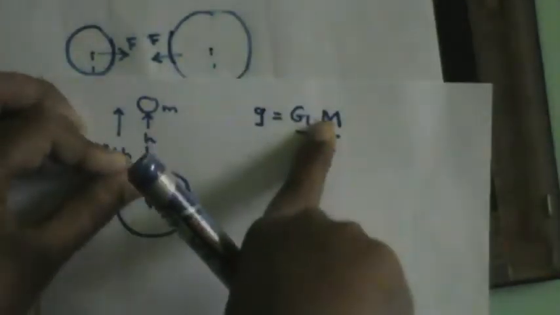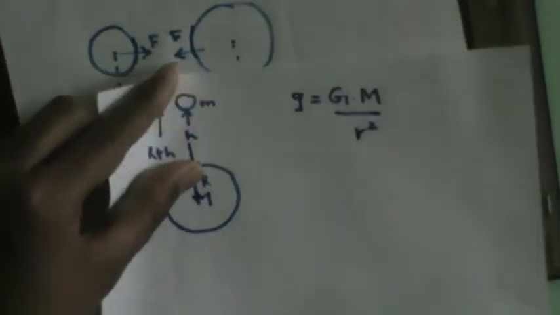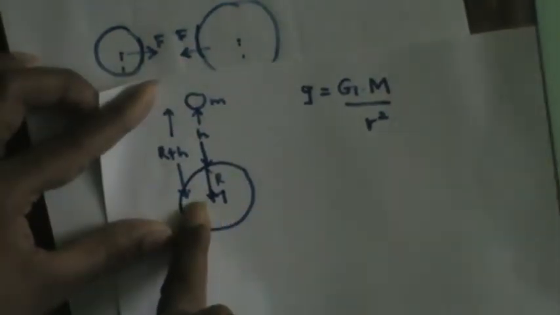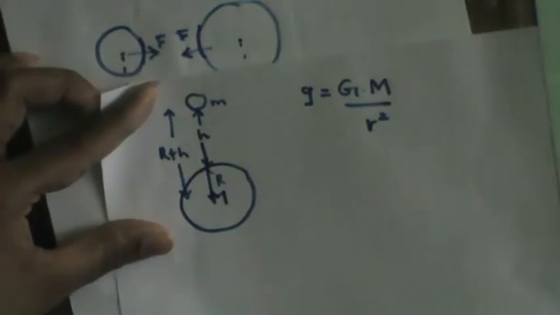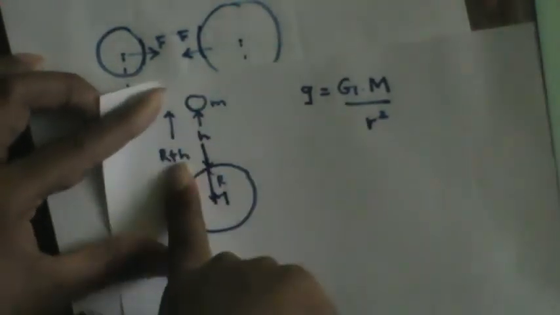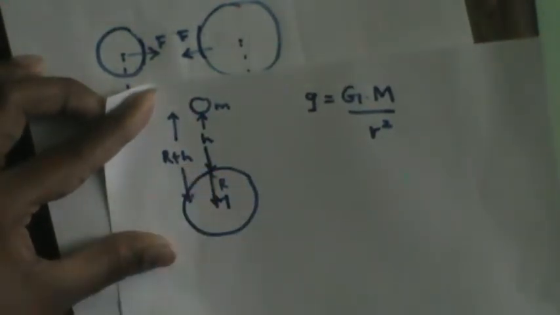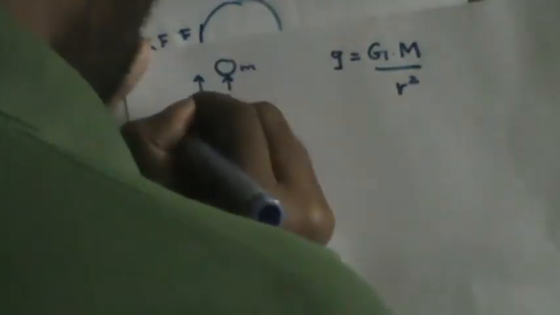So g is equal to GM divided by r squared. Here I took r as the distance between the center of mass of the large object and that of the small object, which we found is equal to r plus h.